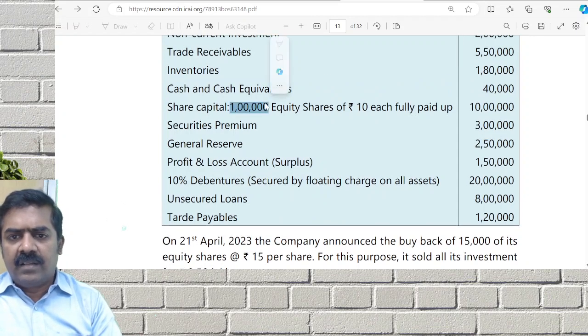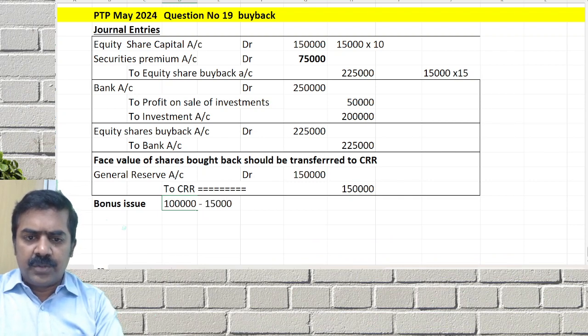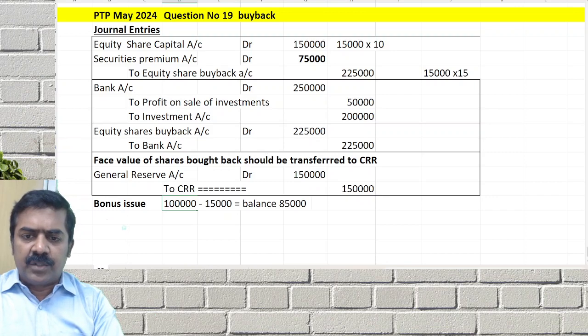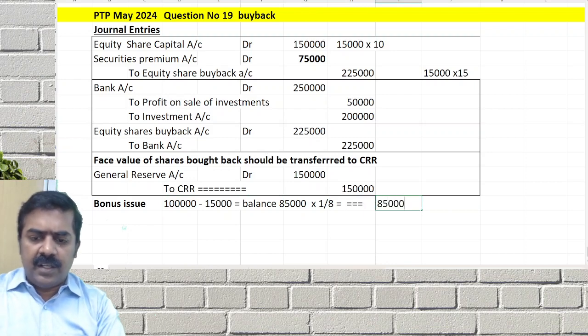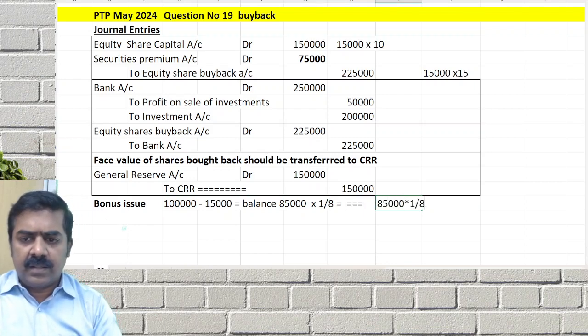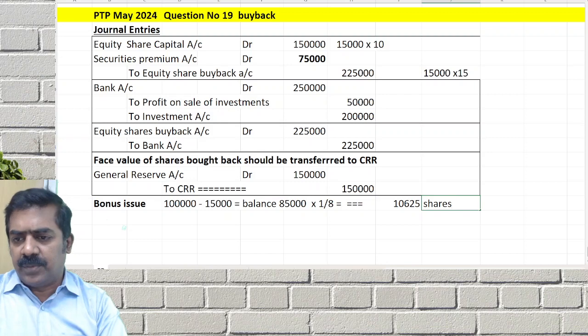Out of 1 lakh, we bought back 15,000. Balance 85,000 shares, with 1 share for every 8 shares held. What is the bonus issue? 85,000 shares into 1 by 8. 10,625 shares we have to issue.